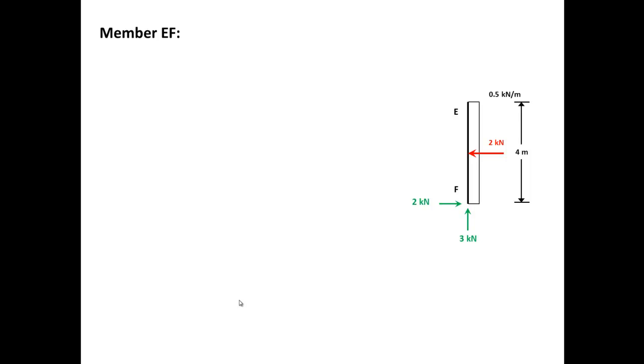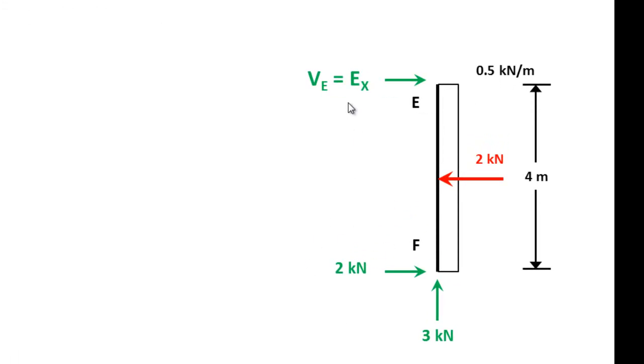I started with member EF, so it's shown right here. I have a VE, which is EX, the shear force in this member. It's the horizontal or X direction force, and we have a normal force, NE, which is EY, and I have an ME, a moment.